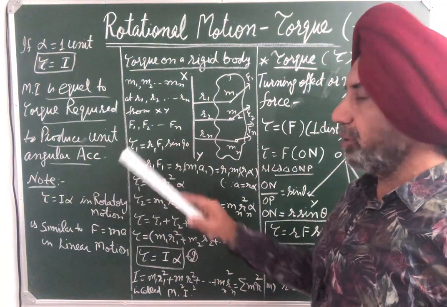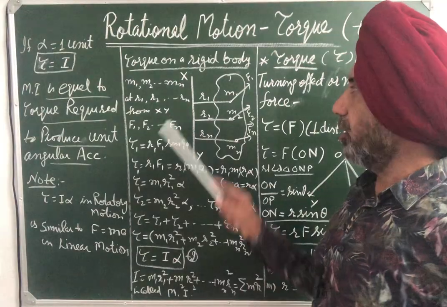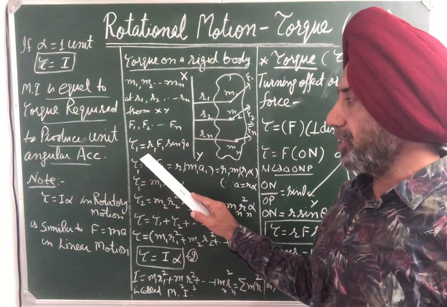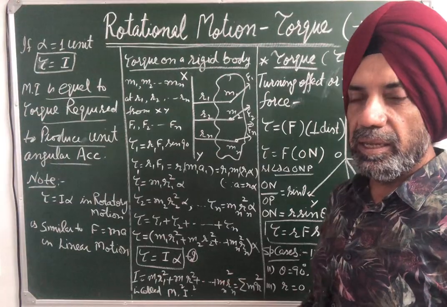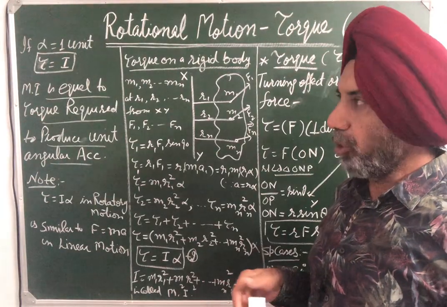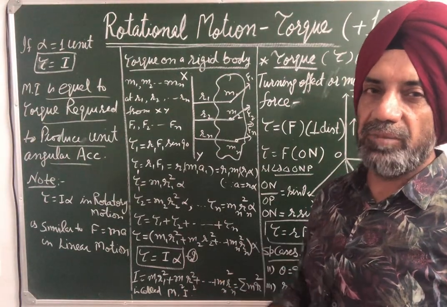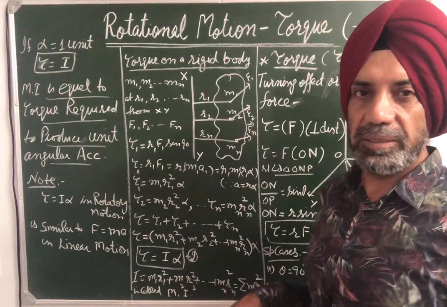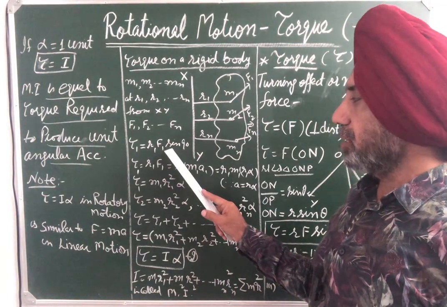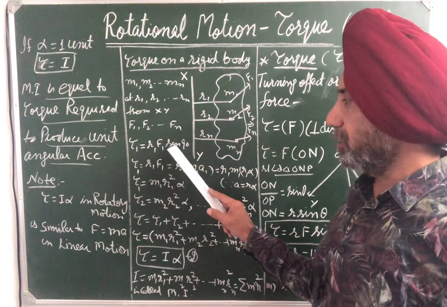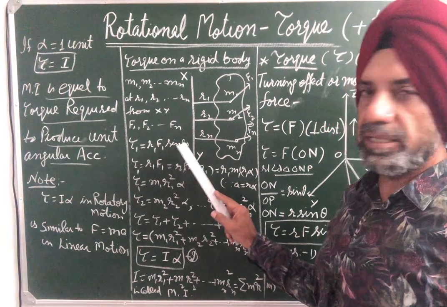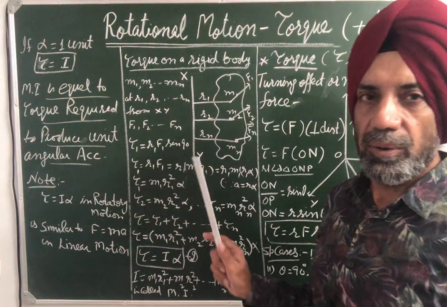Then the torque acting upon the first particle of mass m1 is, by definition, r1 F1 sin 90, because the body rotates, so mass m1 will cover a circular path. The angle will be 90 degrees, so sin 90 is equal to 1.